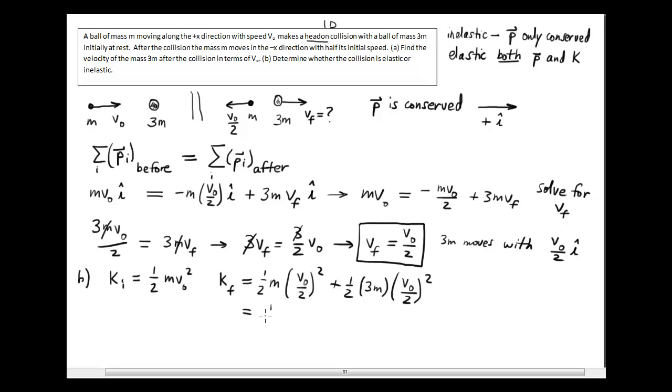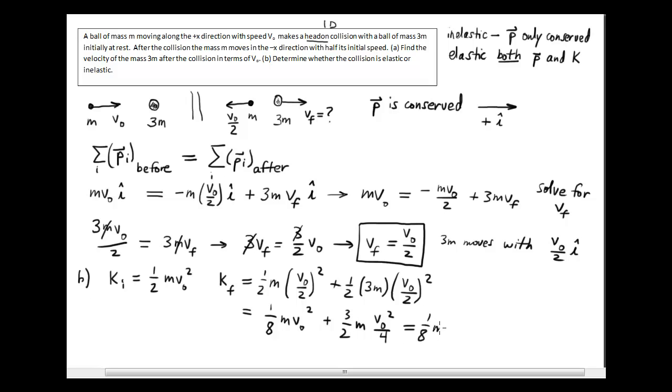So this gives 1/8 m v0 squared, the first term is. The second term, well, I've got 3/2 m, and then the v0 over 2 squared gives v0 squared over 4, which then, if I simplify again, I have 1/8 mv0 squared. This second term is 3/8 mv0 squared.